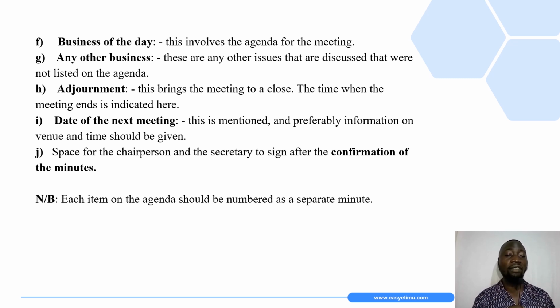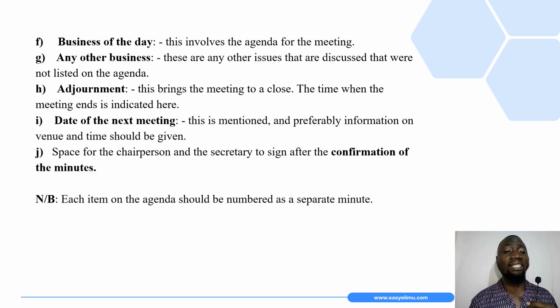So the business of the day could be maybe election of the officials, or office bearers, or it could be about a trip to go somewhere, or a fundraising. Maybe there is a member who's having a child, or a child who is probably lacking school fees and so on. So that is our business of the day.